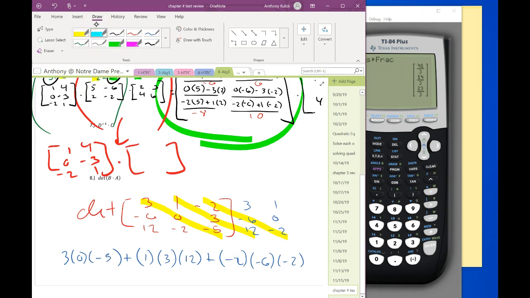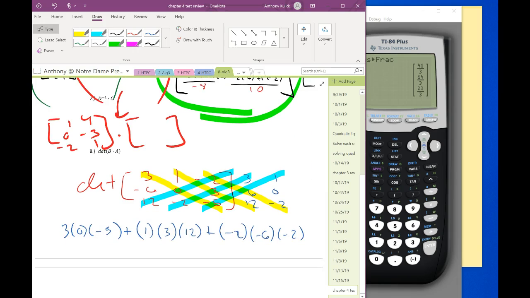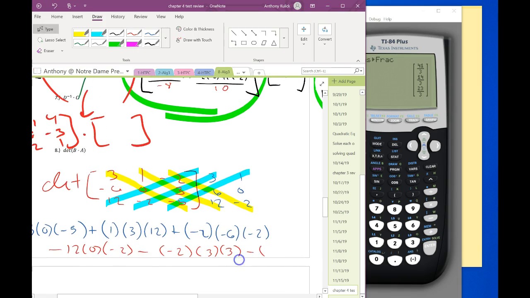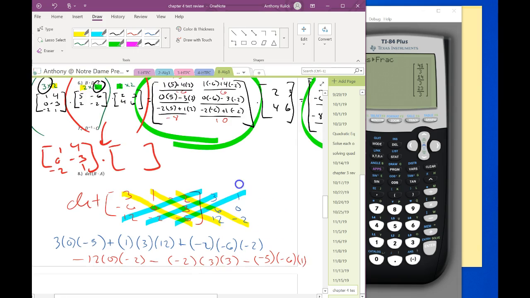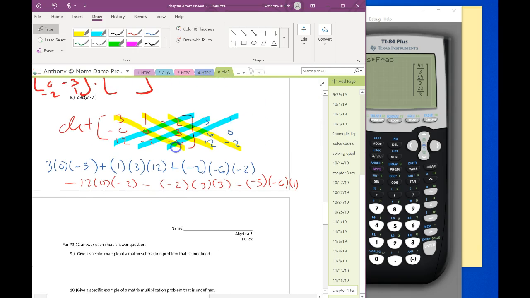And then I multiply the 3 upward diagonals together. This would all be on one line, but in the interest of keeping things neat, I'm going to write it on 2 lines. Is that okay? Yeah. Okay. And then I just go ahead and do that out. So that would be the work that I'd want to see, is that right there. And when I type that in my calculator, I get 0.